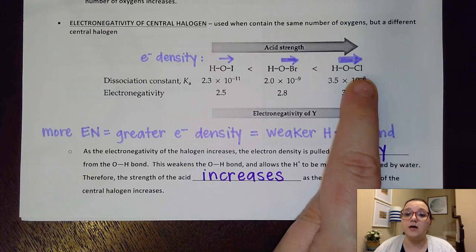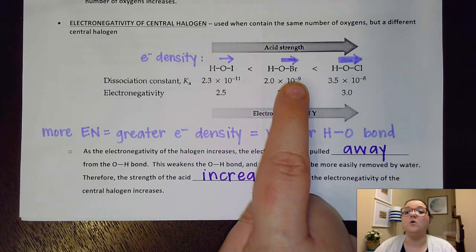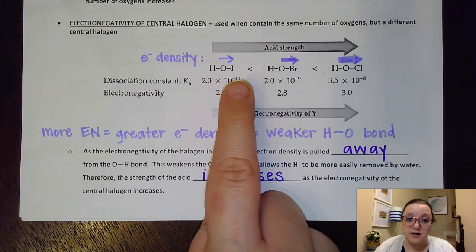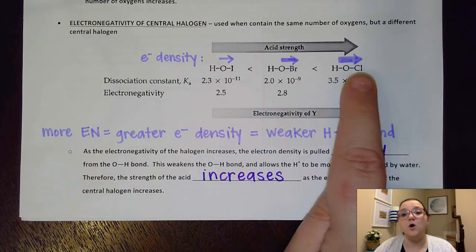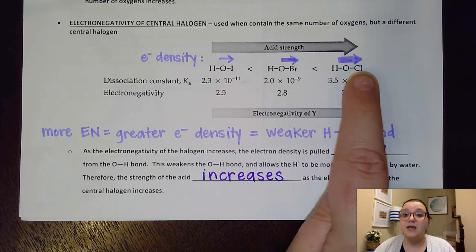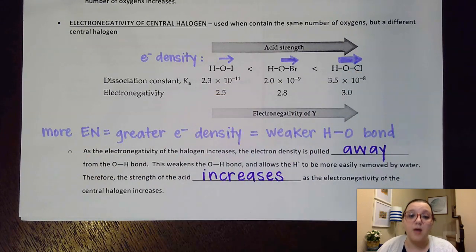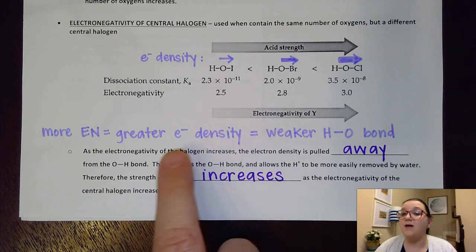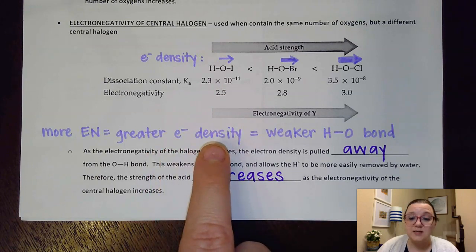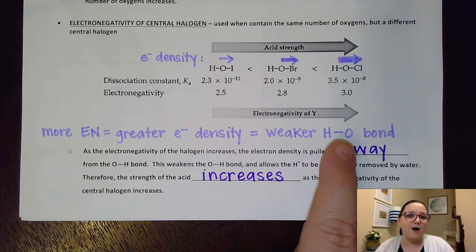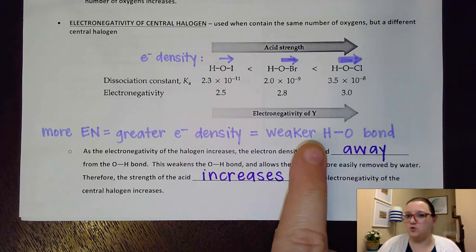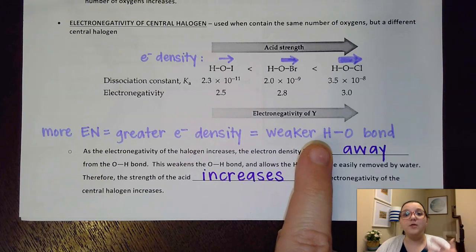Chlorine is more electronegative than bromine, which is more electronegative than iodine. So that creates a greater electron density over here on chlorine than it does on these other two acids. And so if I have a greater electron density, that means again, I weaken that hydrogen to oxygen bond with that hydrogen I'm trying to lose. And so therefore it is more easily lost.